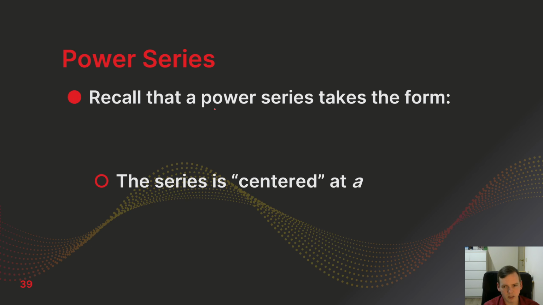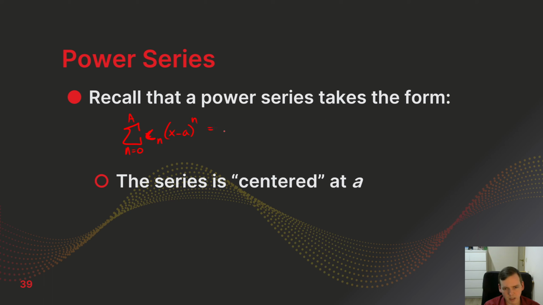Recall that a power series takes the form of, let me just make sure I have it written the same way that you would have seen it in your notes. The sum from n equals 0 to some arbitrary constant of c_n, some coefficient, times (x minus a) to the n.